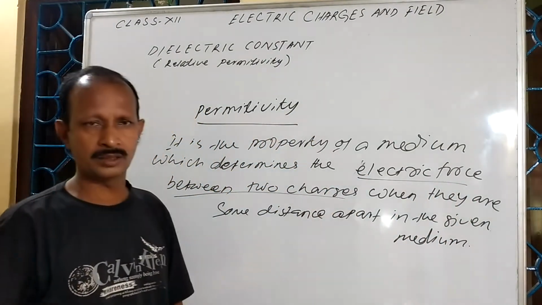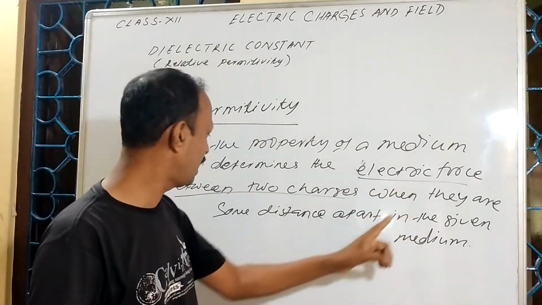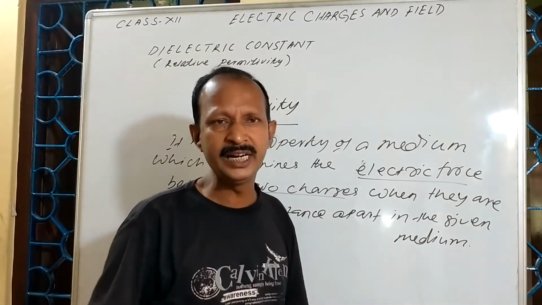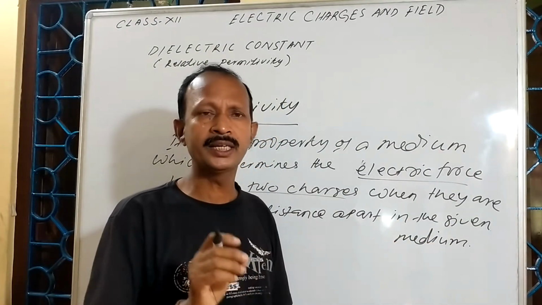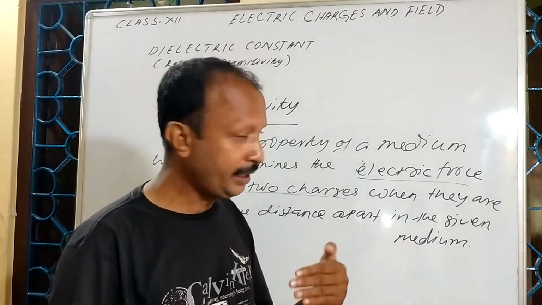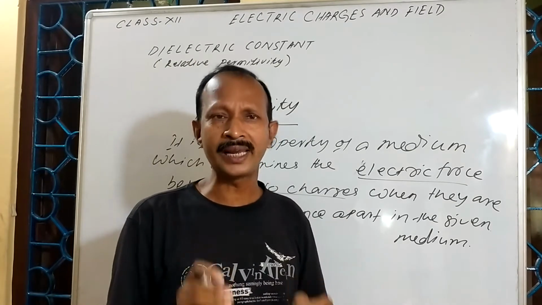two charges, between the 2 point charges when they are at rest, when they are some distance apart in the given medium. So I said that in case of the water, its permittivity is 80 times than the vacuum or air.